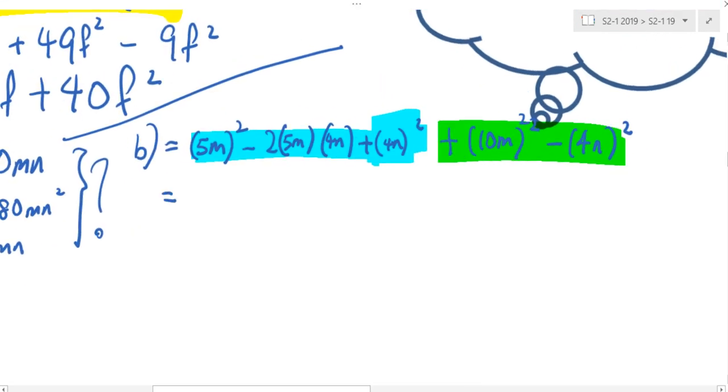So let's try. 5m square, what's the answer? Jolie very bored already. Sean, can you read out the answer? What is 5m square? 25m square. What is negative 2 times 5 times 4? What do you get? Look at it working.